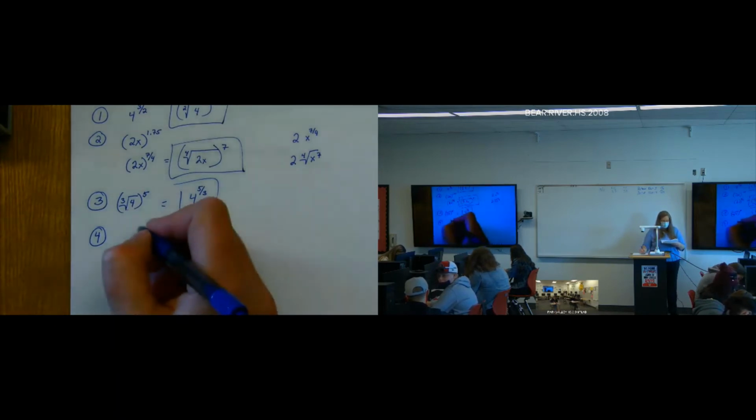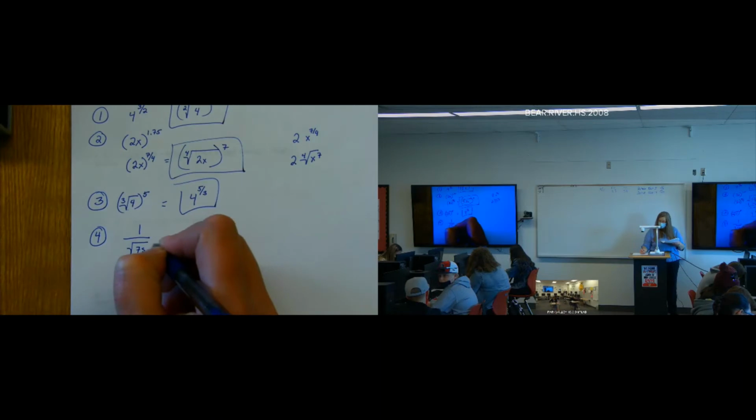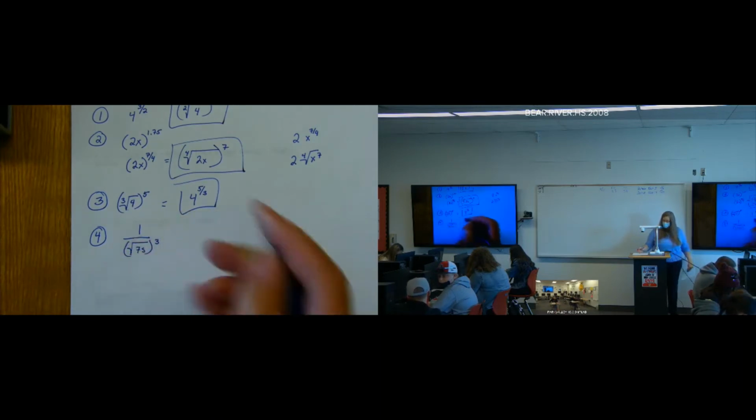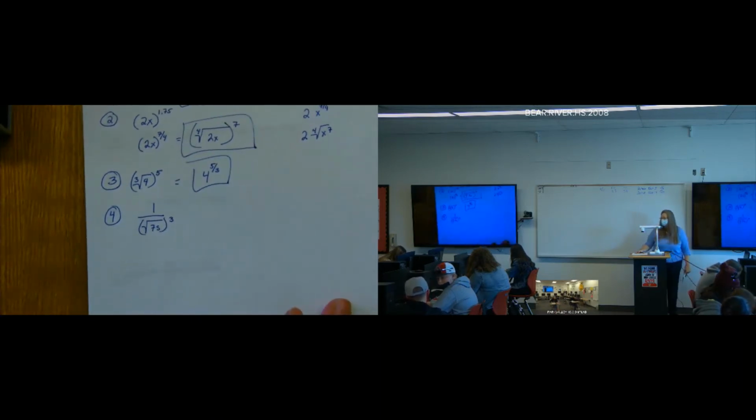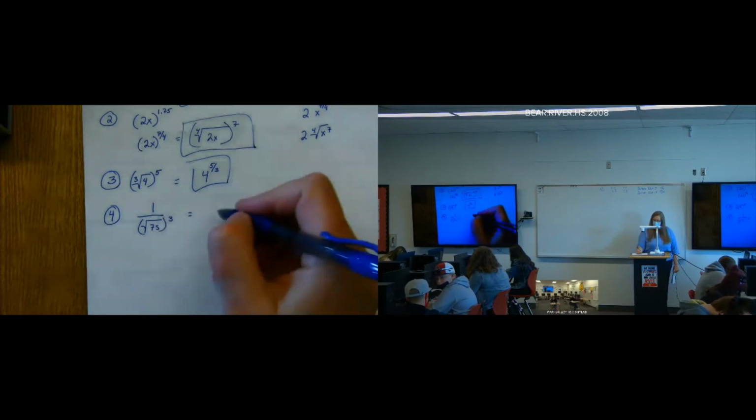Number 4. Here we go. 1 over the square root of 7s to the 3rd. Okay, this one's a little tougher, right? What am I going to do first? Not yet. Change it first, then get rid of it. So I write it in the other form.